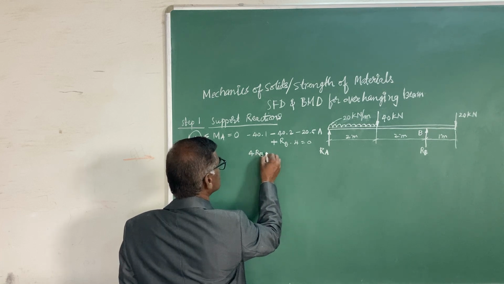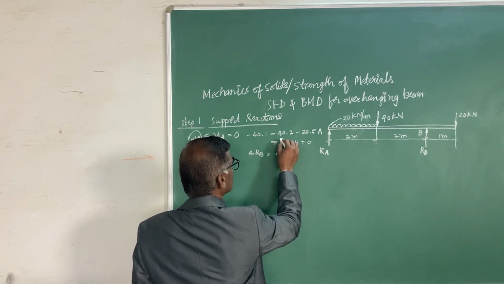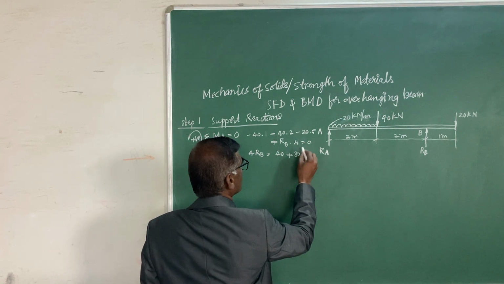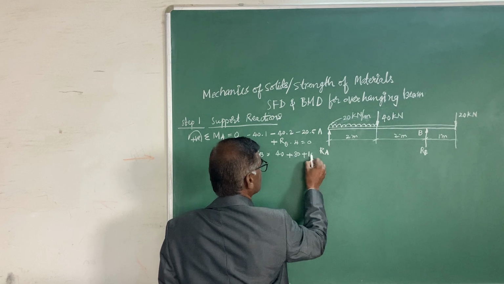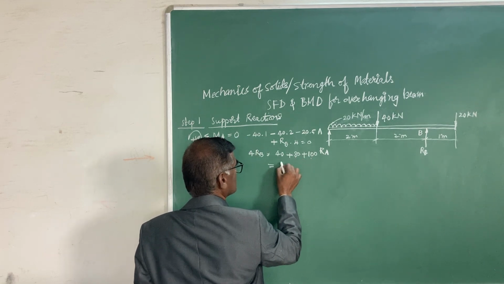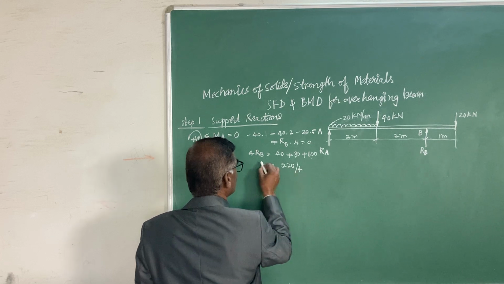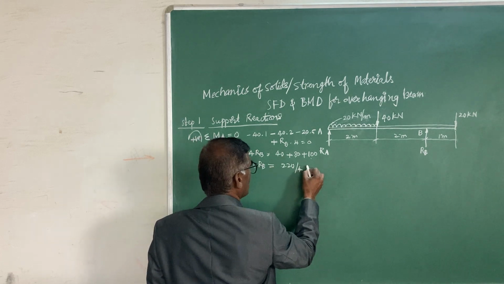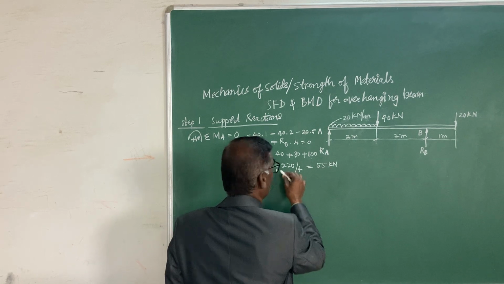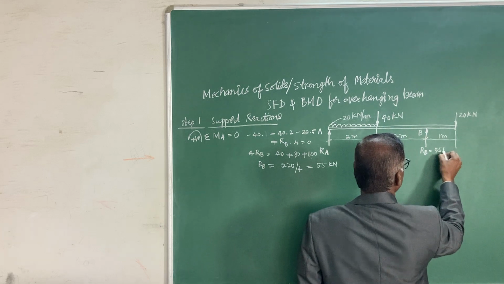RB equals, if you take the other side, 40 into 1, that is 40, plus 40 into 2, 80, plus 20 into 5, 100. So the total becomes 40 plus 80 plus 100, that is 220. 220 divided by 4 is your RB. So this value is 55 kilonewtons. Your RB is 55 kilonewtons.